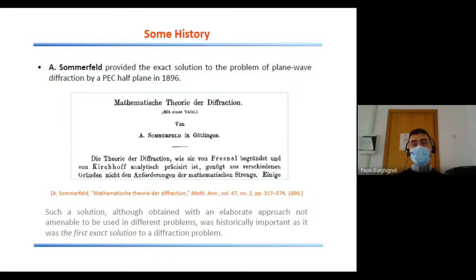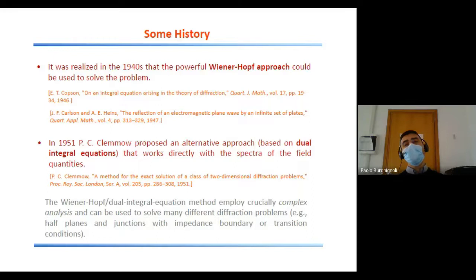Subsequently, the same problem was addressed by a number of scientists. An important step was made in the 1940s when it was realized that a powerful complex analytical technique known as the Wiener-Hopf approach could be used in order to solve this problem, and this can be found in the historical papers by Edward Copson, for example, in 1946, and Carlson and Heins.